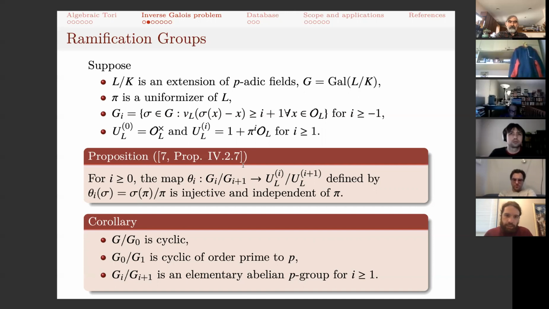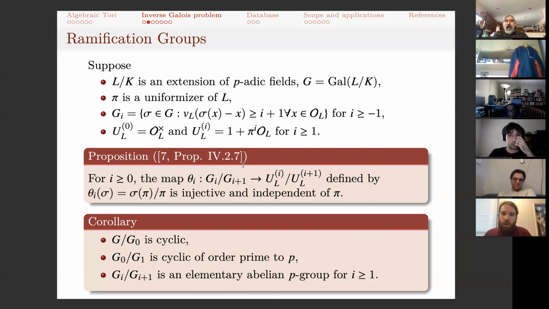And the proposition is that there's a map given by taking sigma in some G_i and mapping it to sigma(pi)/pi. This induces a well-defined map from G_i/G_{i+1} to U_i/U_{i+1}. And the result that we need is that it's injective and it's independent of the uniformizer.